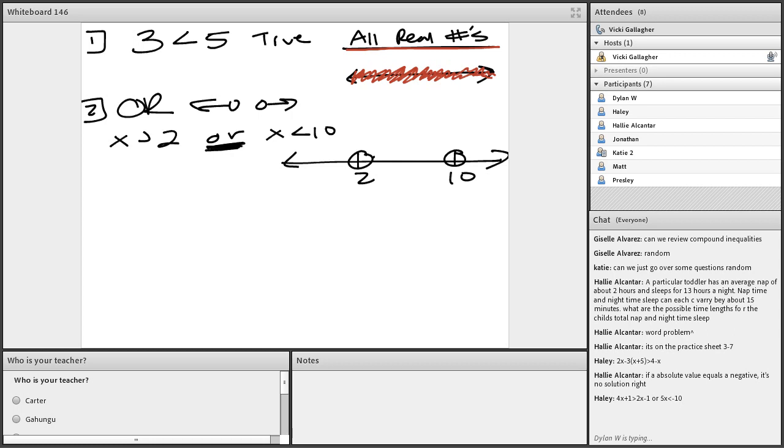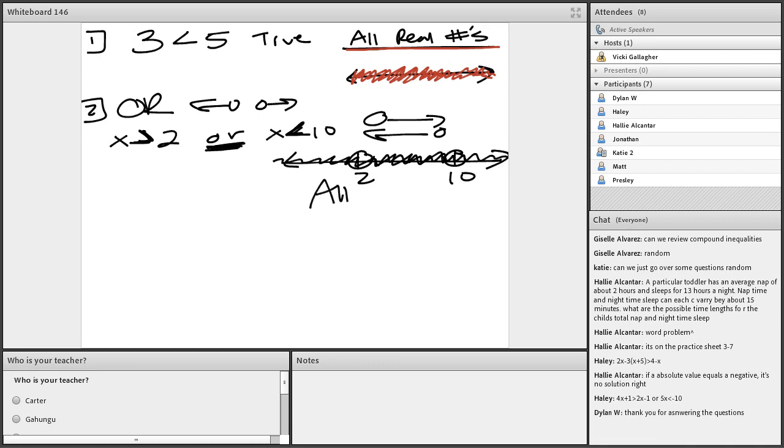This says I want numbers bigger than 2. Well, that's going to go this way. And I want numbers smaller than 10. Well, that's going to go this way. So if you get an OR problem that overlaps, if you get an OR problem that looks like maybe it should have been an AND problem instead, that's actually an all real numbers problem.